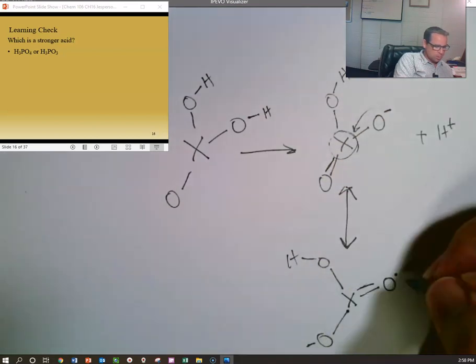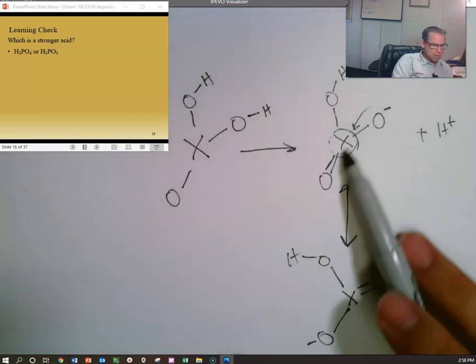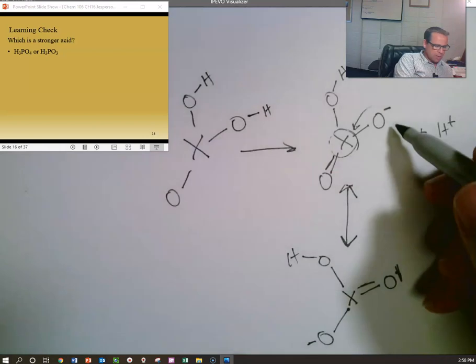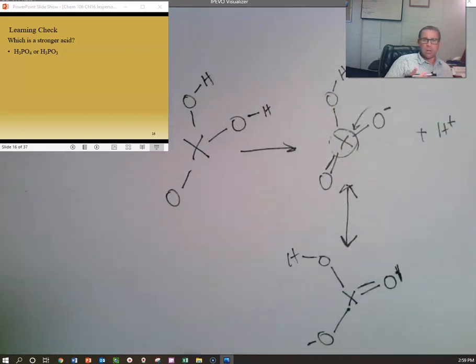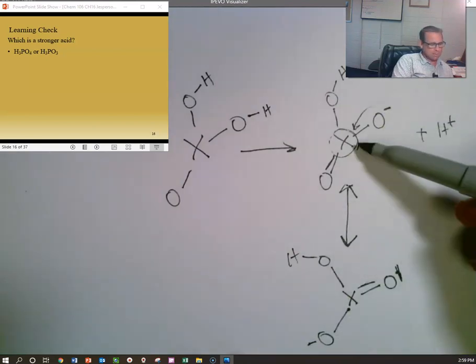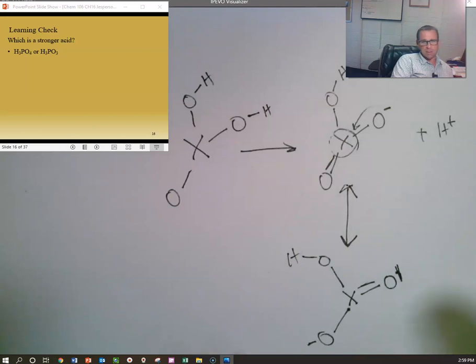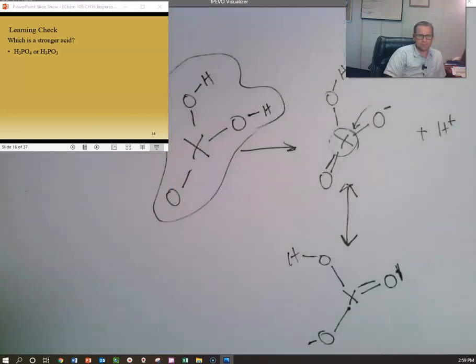So this should really be a double bond here. So I have multiple resonance structures that can occur, and that movement of electron density around the molecule also results in some stability. Okay, it can occupy that negative charge, and therefore that ion will be stabilized when it's in water. And all of this is helpful in making this a stronger acid, right?